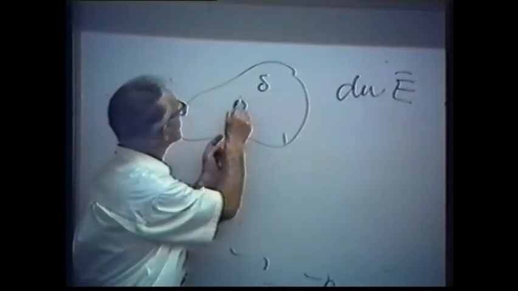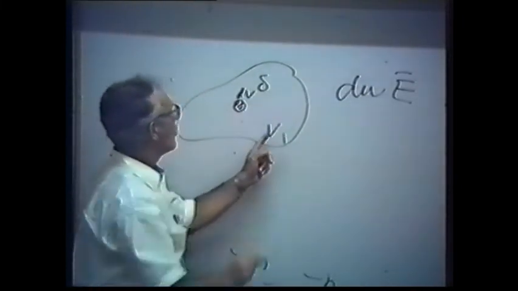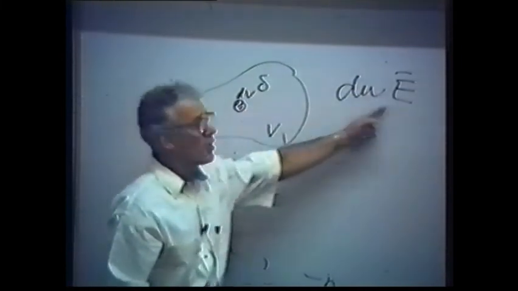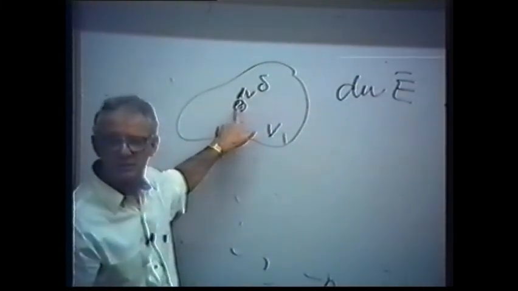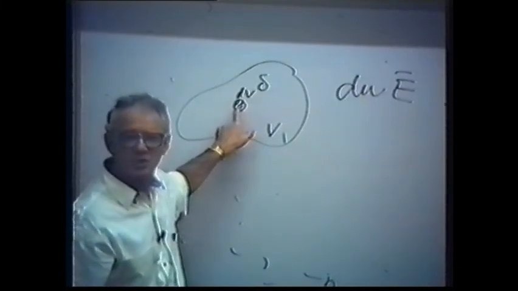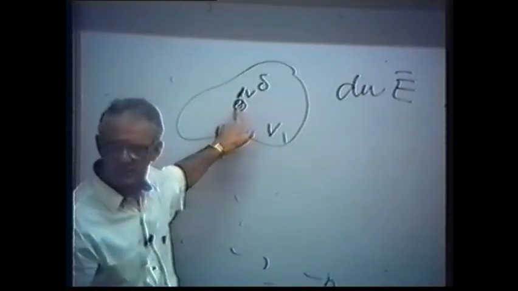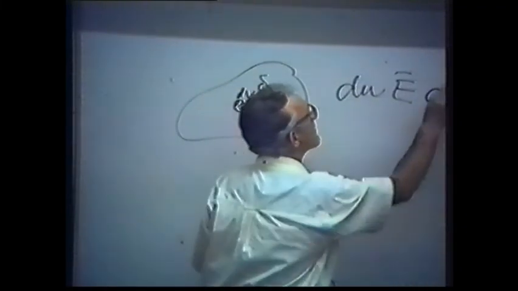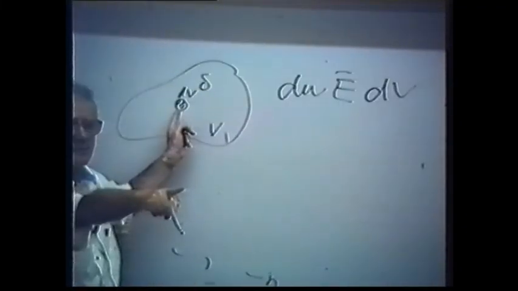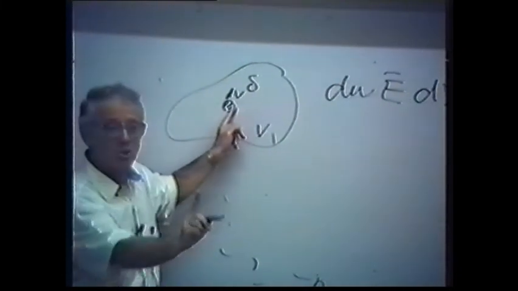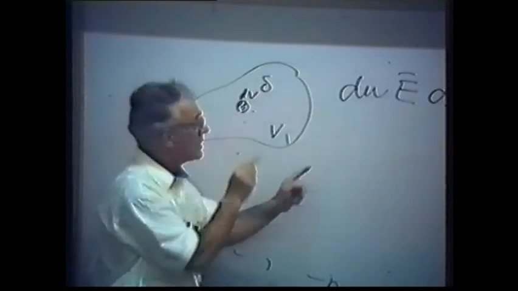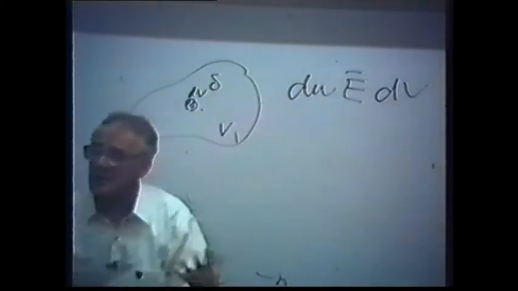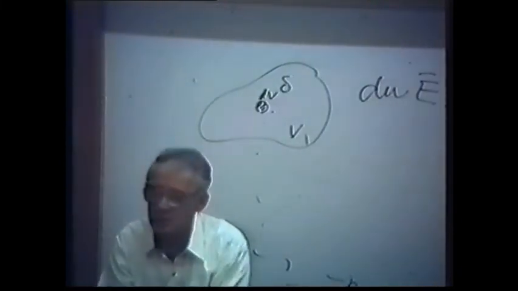Let me take a small volume, delta V. What does divergence show in the vicinity of this point? Density of charges, correct? Now, if I multiply by the small volume, what will we get? Charge, in this volume. Density times volume is charge.